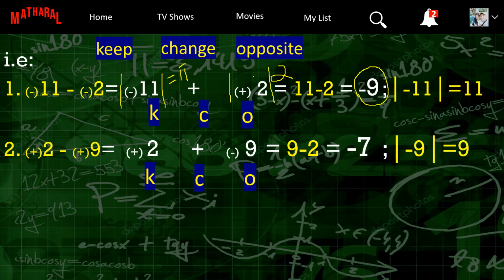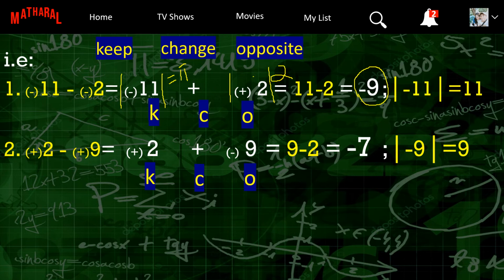Naka-change na po siya. So, balik na po tayo sa addition. Since these two integers are in different sign, one is positive and one is negative, instead of adding, ikaw ay mag-subtract. So, 9 minus 2 is 7.